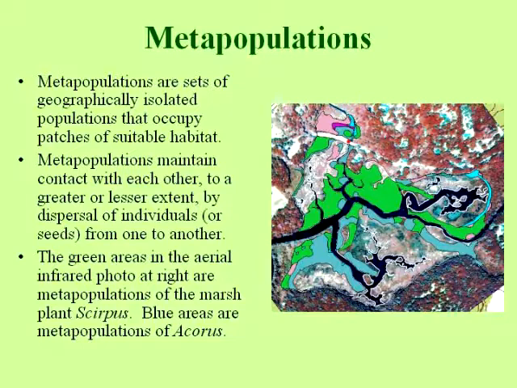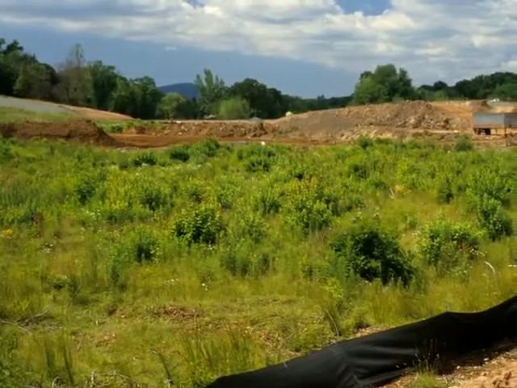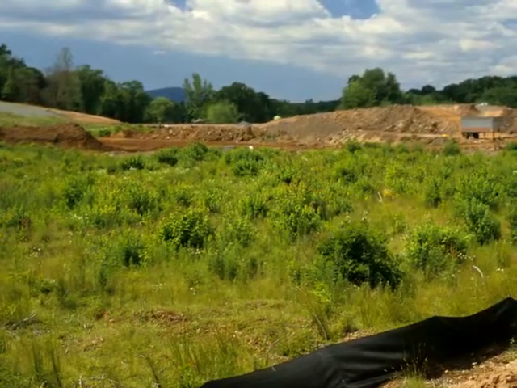So we have these two populations isolated into different patches, and again, just like with the last image, these populations are able to keep in contact by dispersal of seeds.